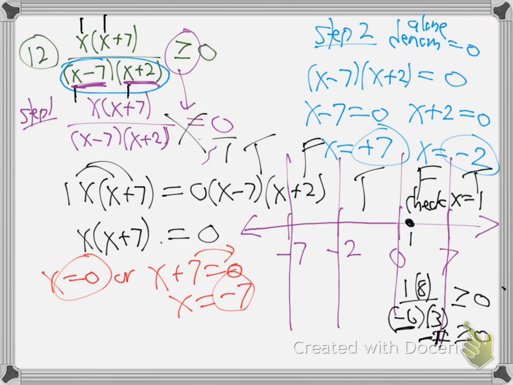So what numbers would make the bottom 0? Whatever answers you got out of step 2. Because that's the step where we said, hey, bottom, you're 0. Which was 7 and negative 2. You can tell 7 minus 7 would be 0, and negative 2 plus 2 would be 0. 7 or negative 2 are not allowed under any circumstances to be answers, because they make the bottom 0.